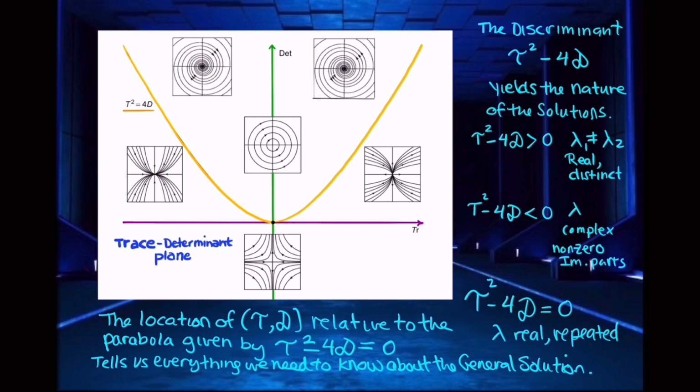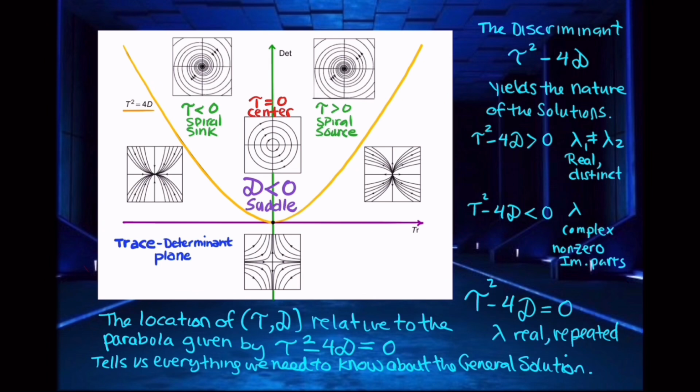The trace-determinant plane shows us when different values of t, perhaps if t is negative or if t is positive, we are above or below the trace line. Now for a trace equal to 0, we get a center. And also if we examine what happens when the determinant is negative, when the determinant is equal to 0, and when the determinant is positive.